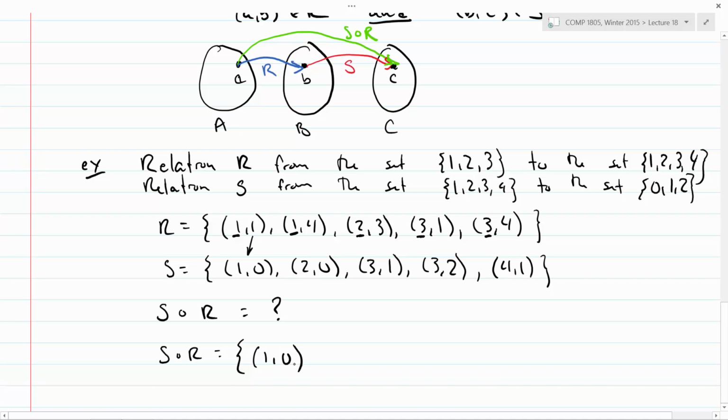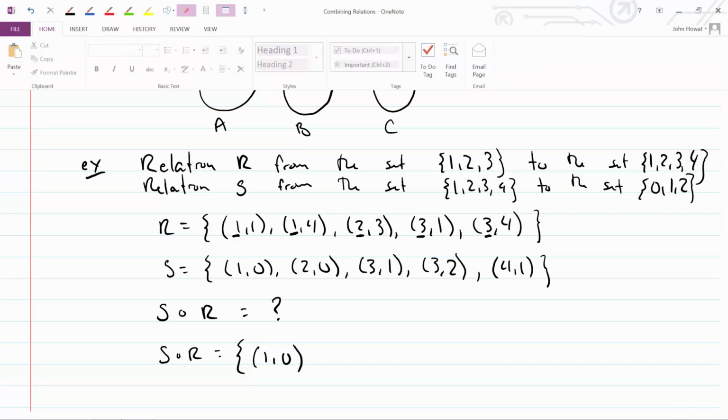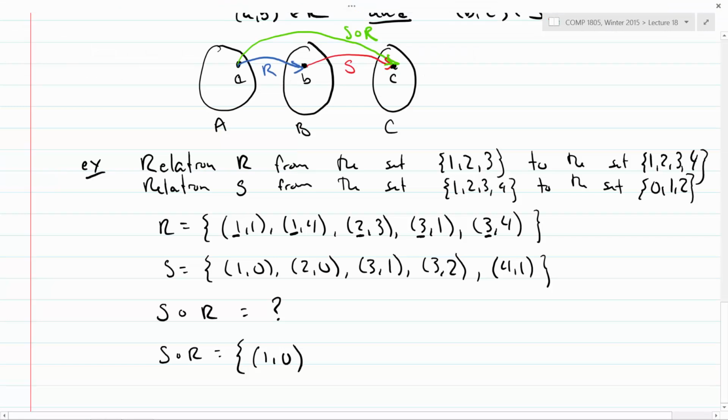Okay, so to be completely clear about that, in case you don't see it, this matches there, so I end up with 1, 0. So the middles match, so I end up with what's on the other side. Does everyone see how I get 1, 0 in my composition?